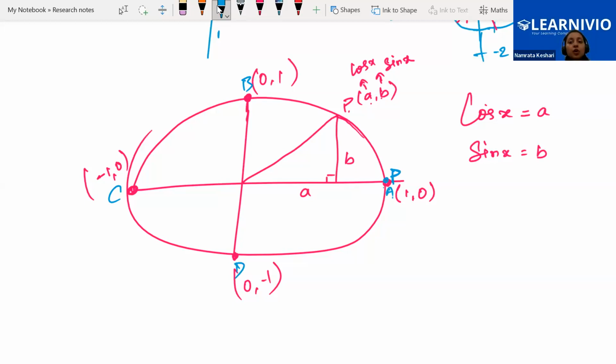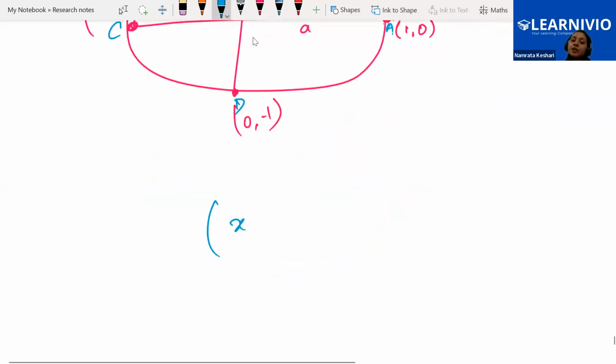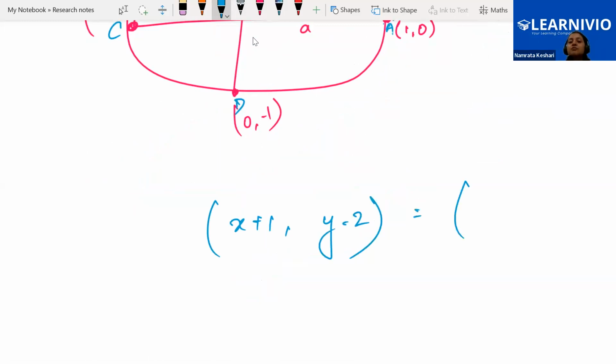We can compare the coordinates. In class 9 there was a concept that if x plus 1 equals 2 and y minus 2 equals 3, then find the value of x and y. If these two coordinates are the same, then we can compare x coordinate with x coordinate, y coordinate with y coordinate. Yes or no?